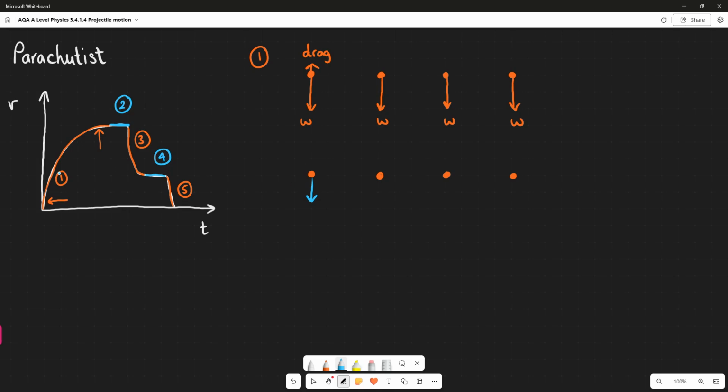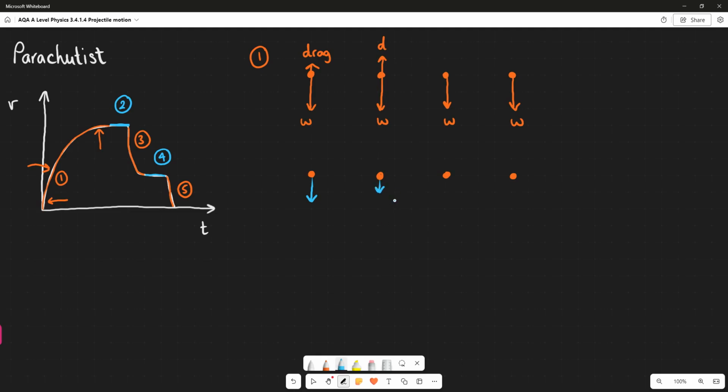As they move faster and faster, as their speed increases, let's look at this section over here. What's happening is that because they're moving faster, because their velocity has increased, the drag has increased, which cancels more of the weight.